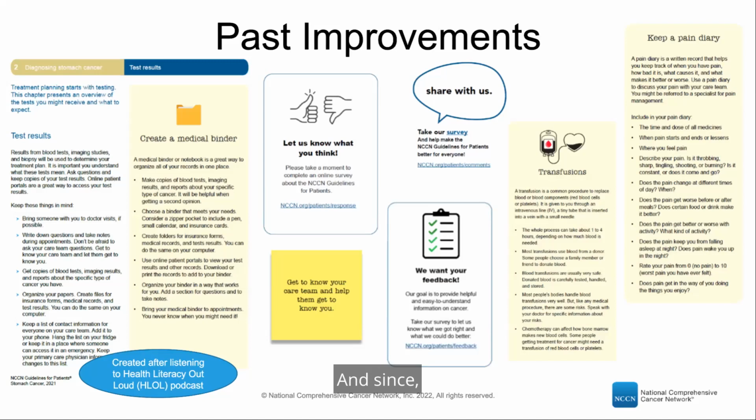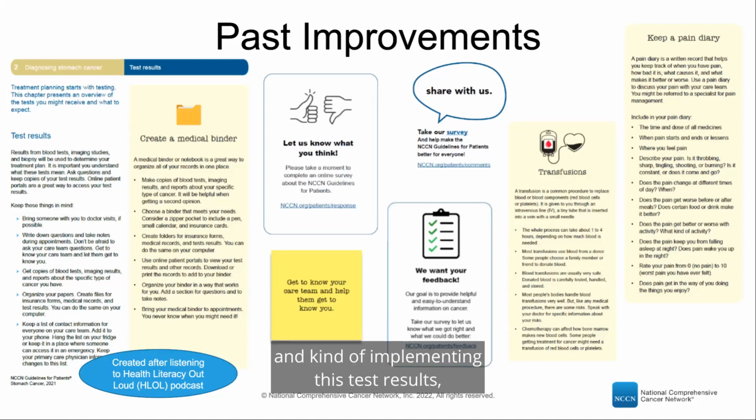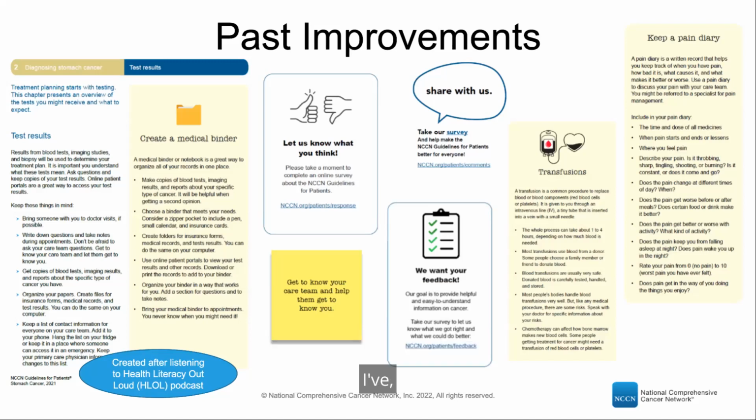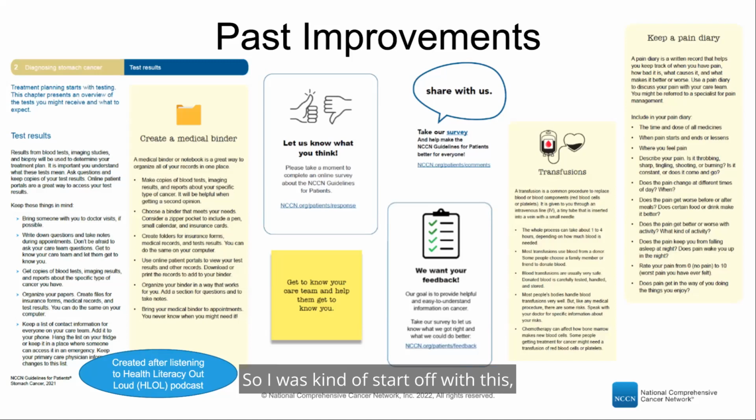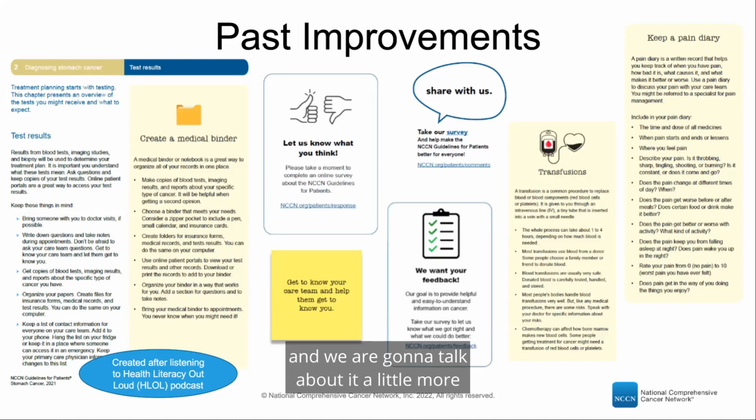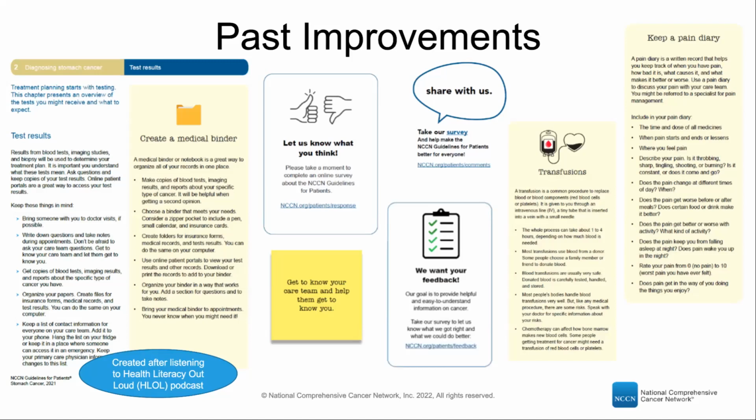And since that podcast, and since writing and implementing this test results, I've received always positive feedback. They really like that I put it at the beginning of the how is it diagnosed, how is it tested chapter. So I always start off with this, and we can talk a little more about some of the feedback in a second, but that's exciting.